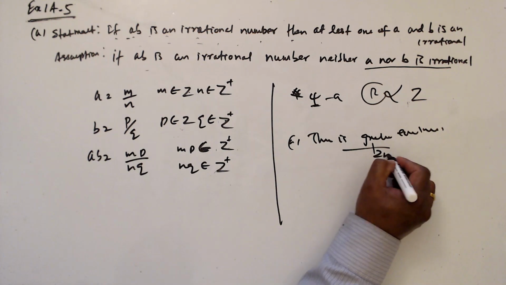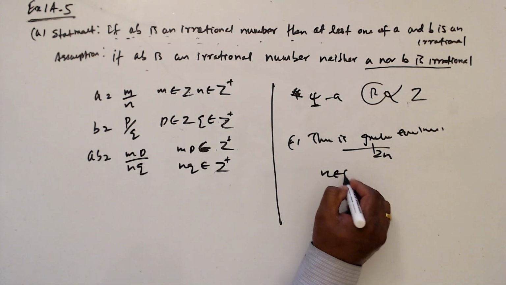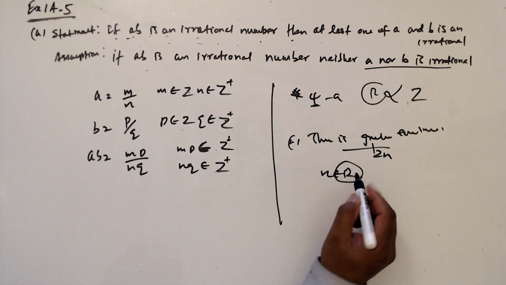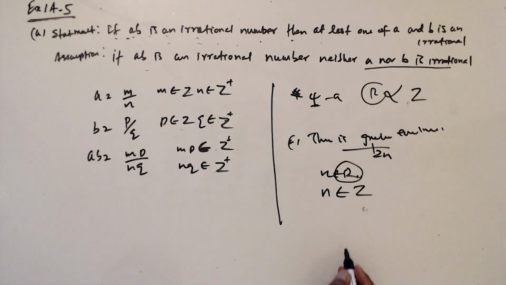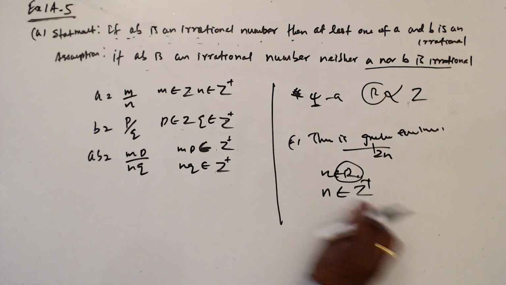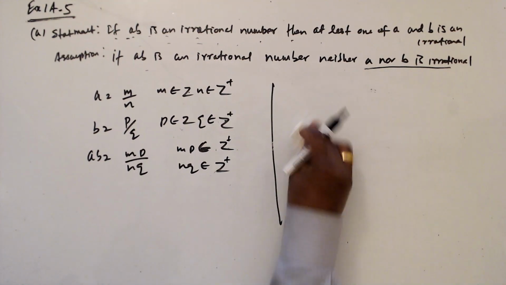So we take 2n, and rather than n being a real number, we have to write that n is an element of Z plus, a positive integer.